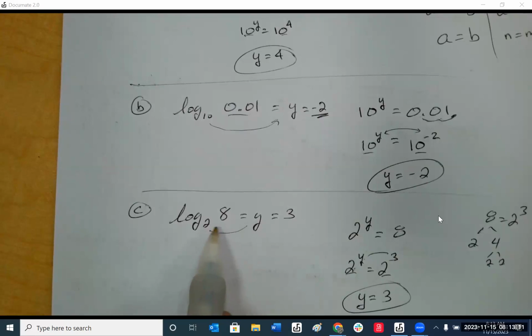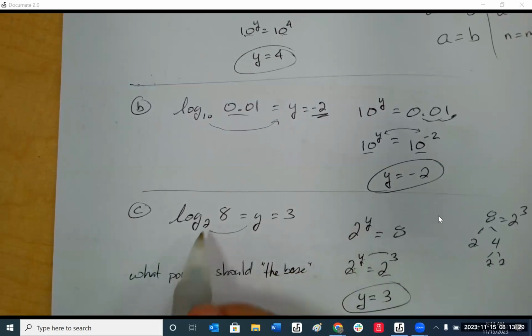Now what this means is, when you read this, it says, what power should the base be raised to equal the number?